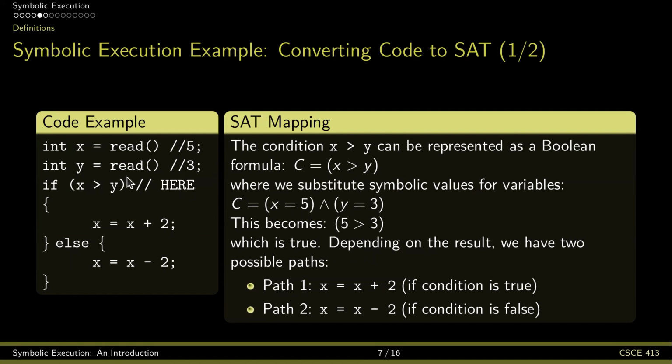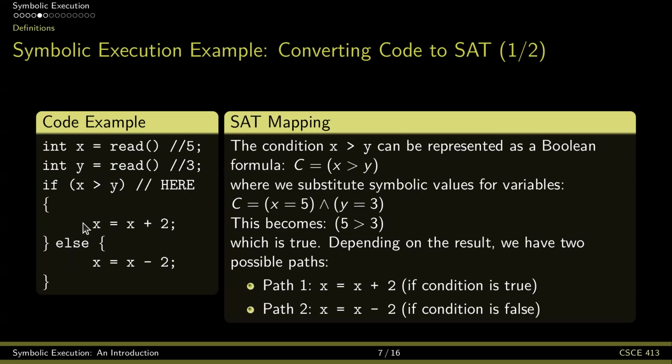But notice, although they reach the same result, as they should, because it's of course the same application, both should be correct, the way of reasoning about this is different. In one, we are going concretely, saying 5 is bigger than 3. In the other one, we are going symbolically, and then we are saying, I need a combination of x and y values such that x is bigger than y.